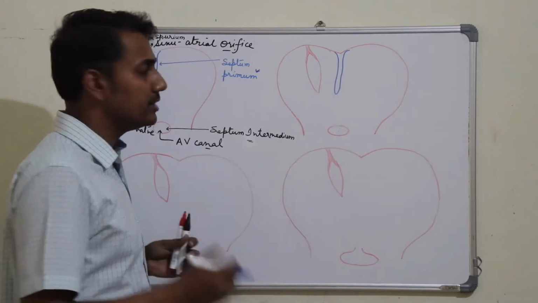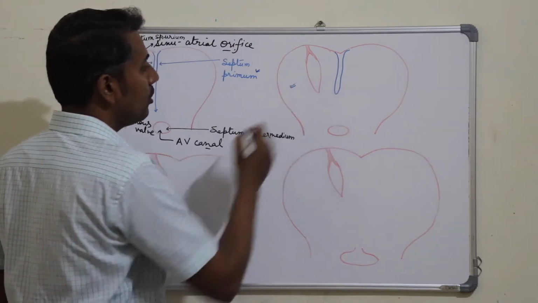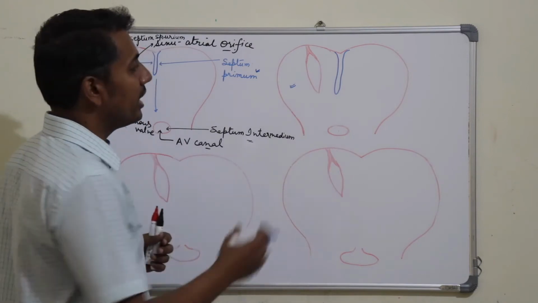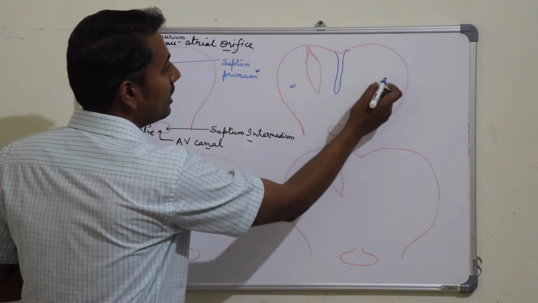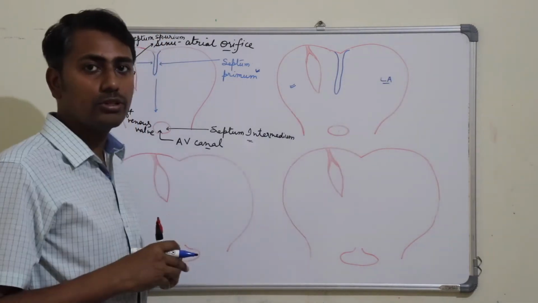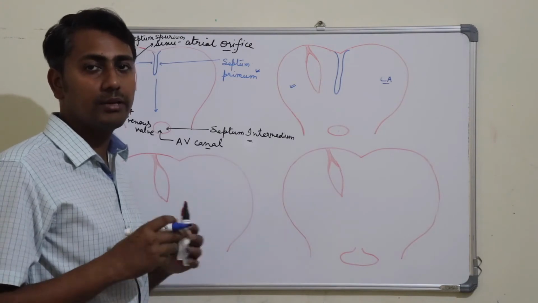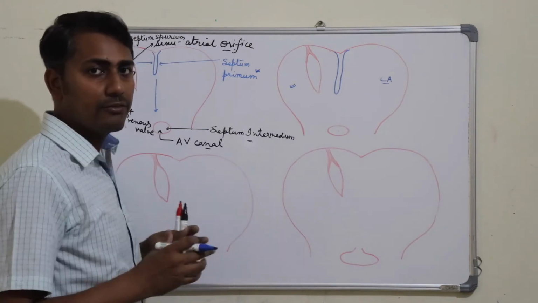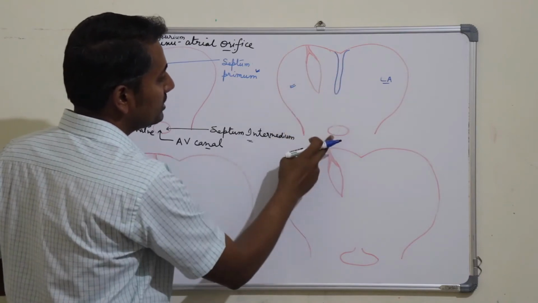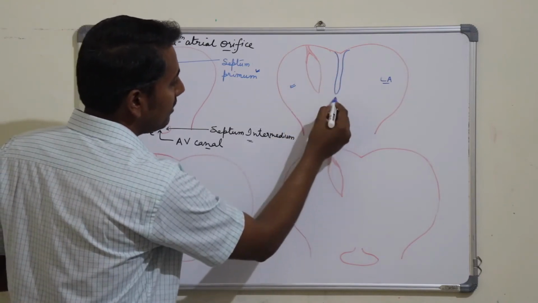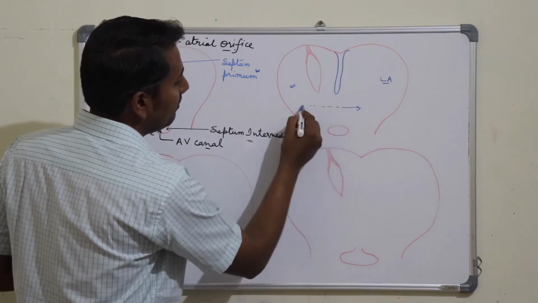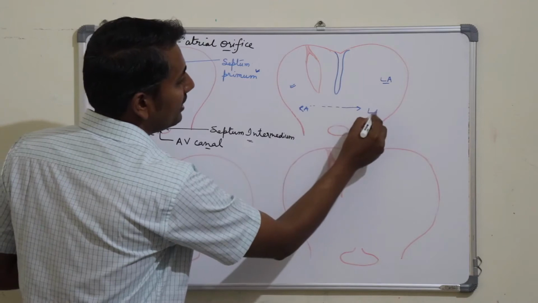But we know that the right atrium receives the oxygenated blood from the placenta, and this oxygenated blood has to go to the left atrium here, so that oxygenated blood goes to the systemic circulation. Therefore, before fusion of this septum primum with the septum intermedium, there is a foramen or gap between the right atrium and the left atrium.